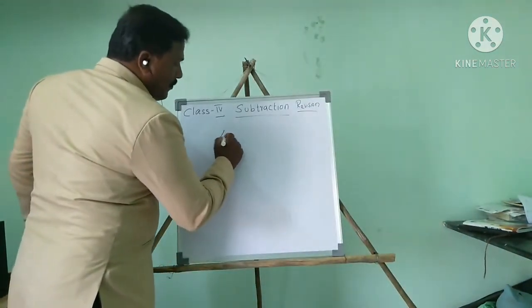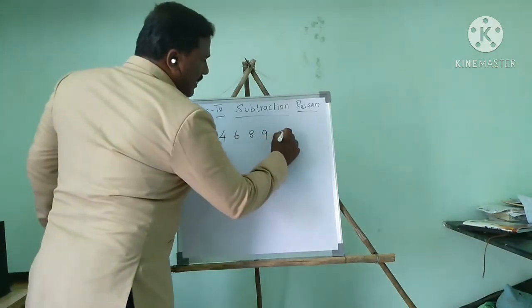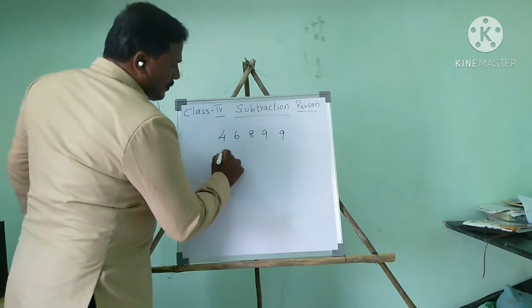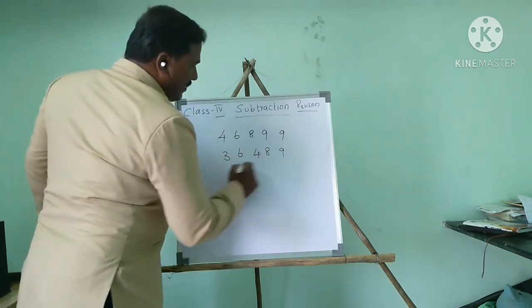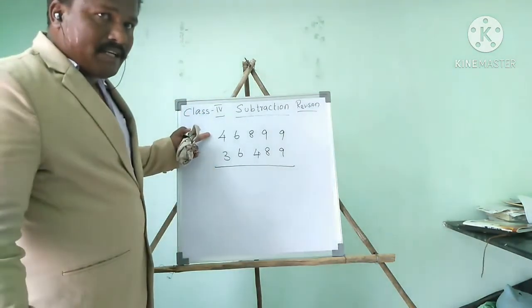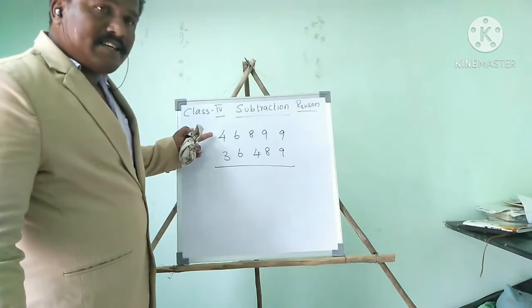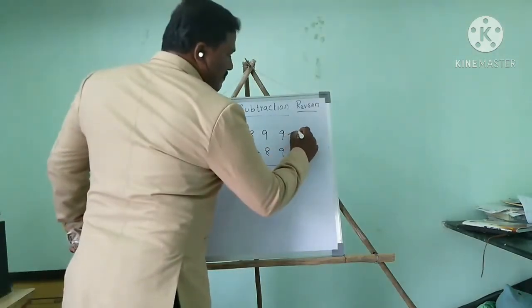Example: 4, 6, 8, 9, 9, and 3, 6, 4, 8, 9. So it's a larger number, so we call it a minuend.